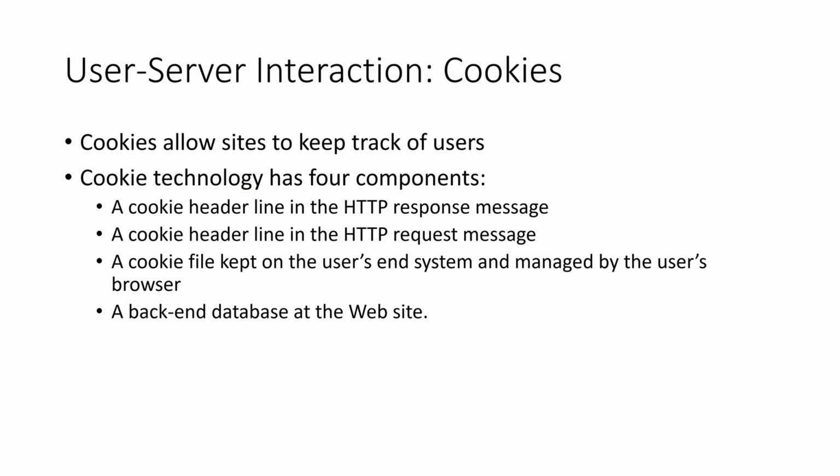Number one, a cookie header line in the HTTP response message. Number two, a cookie header line in the HTTP request message. Three, a cookie file kept on the user's end system and managed by the user's browser. And four, a back-end database at the website.